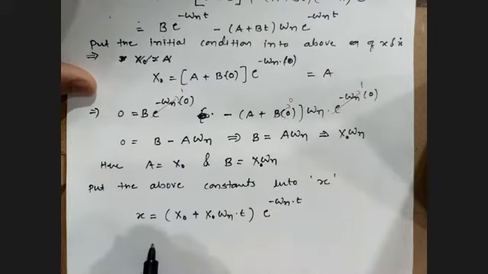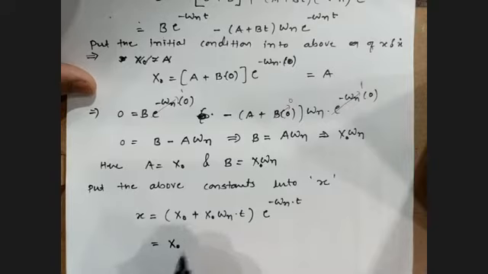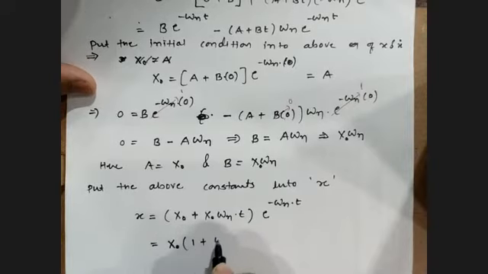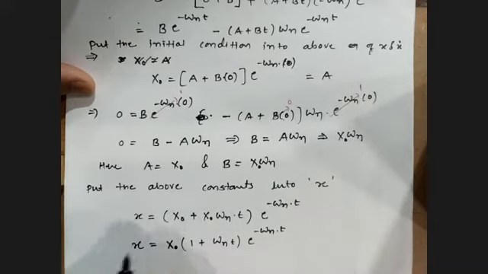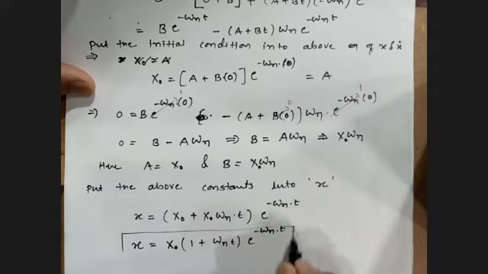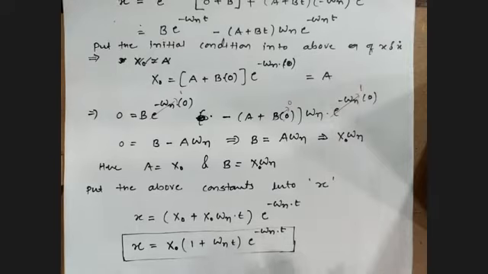So here you can see we can keep x0 common. So x0 into 1 plus omega n into t, e to the power of minus omega n into t. This is your final solution of the equation if it is a critically damped system, right?